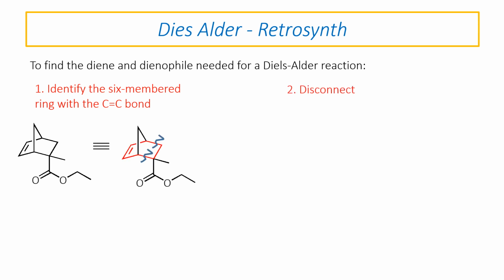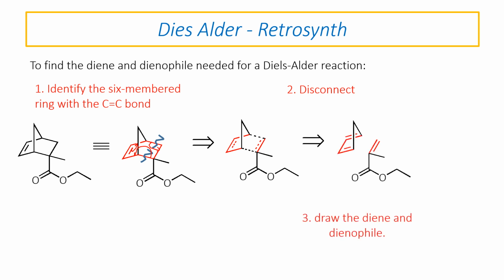The disconnect I have here looks like this, and it's quite easy to generate in the sense that all you have to do is draw a reverse product. So you reverse your arrows, and you come across a transition state, and this transition state is indicating to you your diene and dienophile.